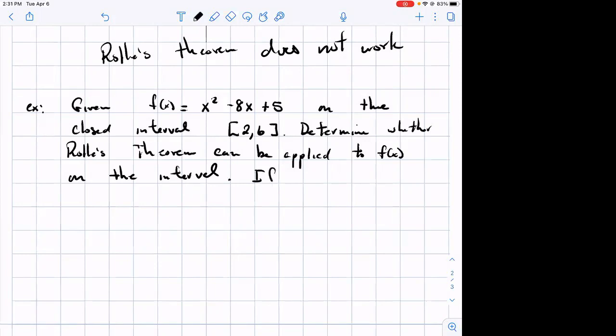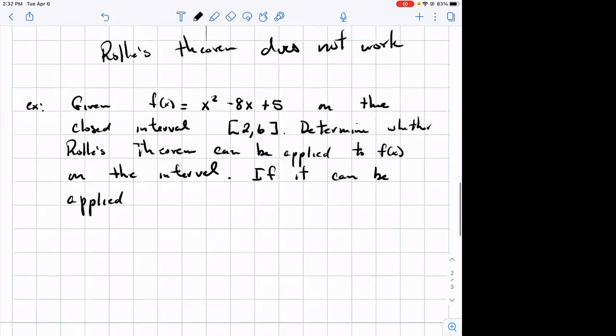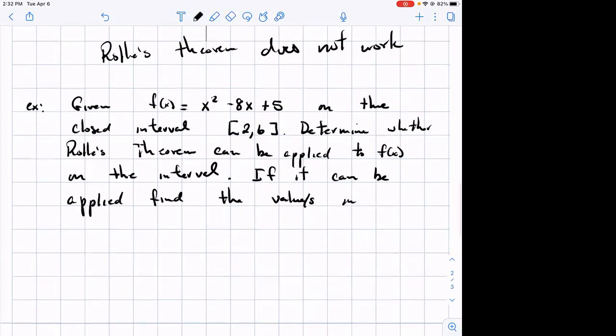And then if it can be applied, find the value or values in the open interval (a, b).